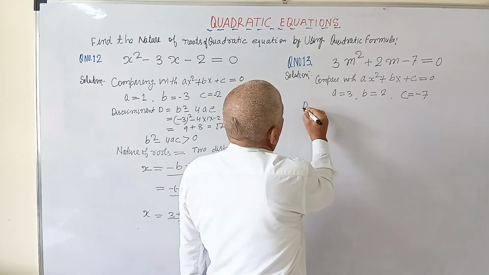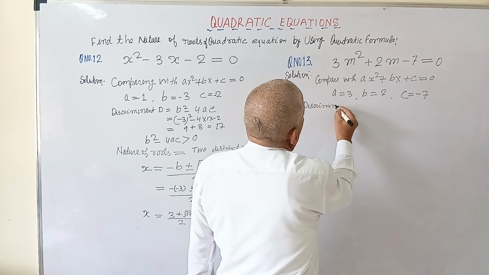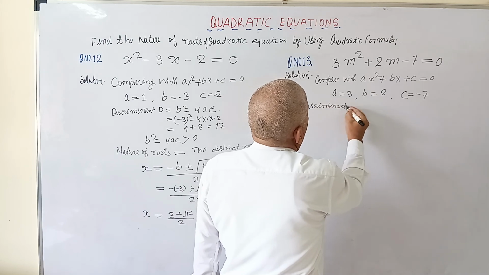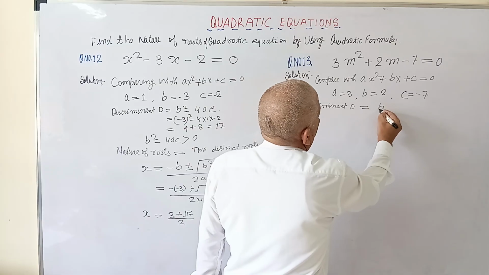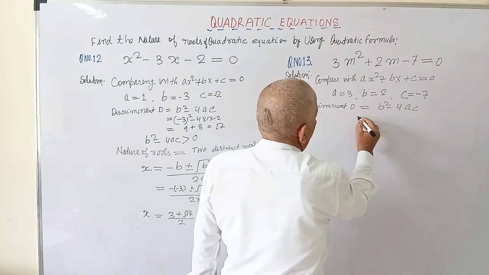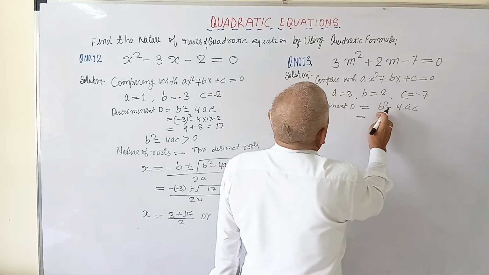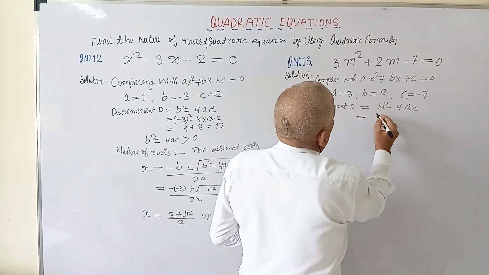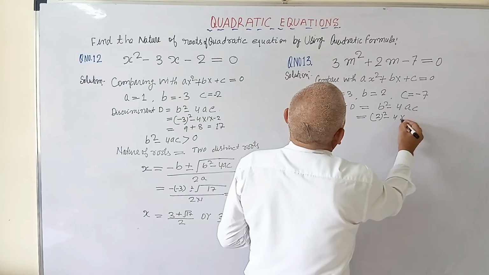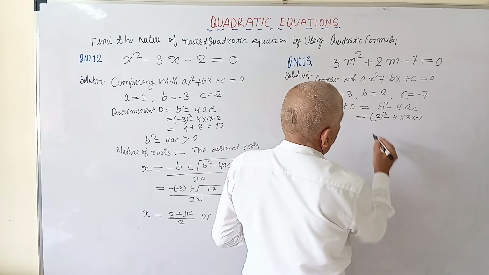So I will calculate the discriminant first. Discriminant, that is D equals b square minus 4ac. Here b is 2, so 2 square minus 4 into a, 3, into minus 7.